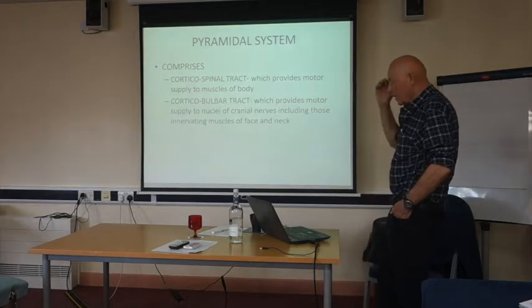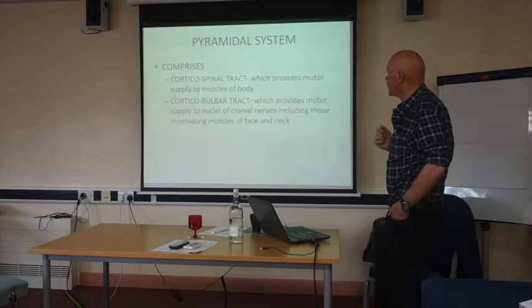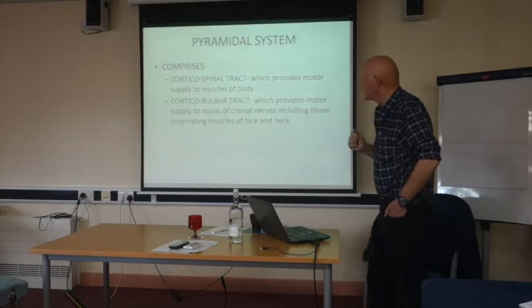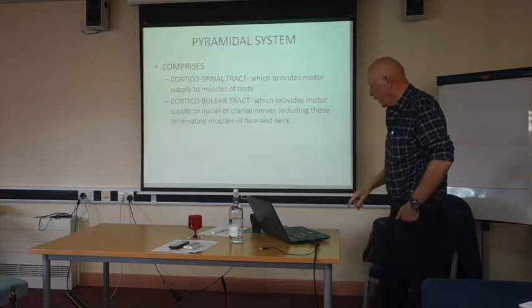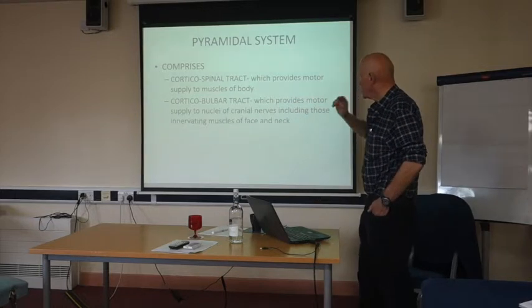You hear this phrase, the pyramidal system, and that is the corticospinal tract and the corticobulbar tract. As I said, the corticobulbar are the ones that supply the cranial nerve nuclei.